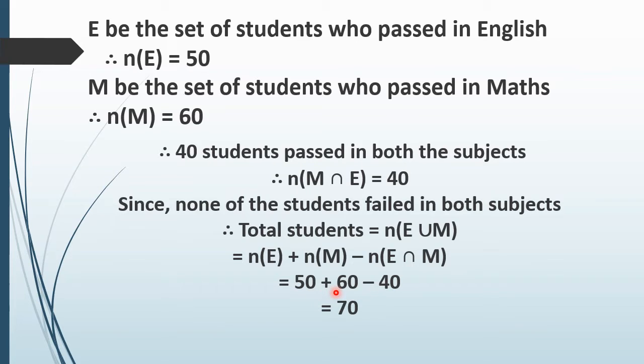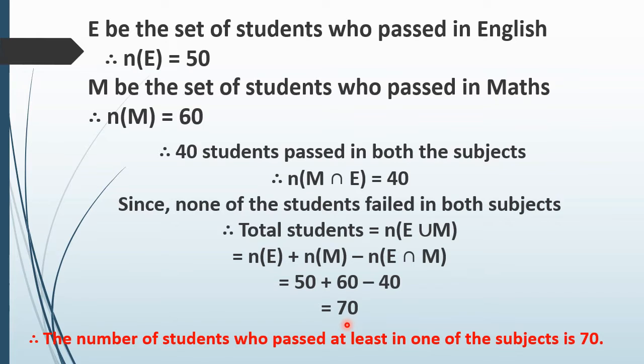So 50 plus 60 minus 40 is equal to 70. So the number of the students who passed at least in one of the subjects is 70.